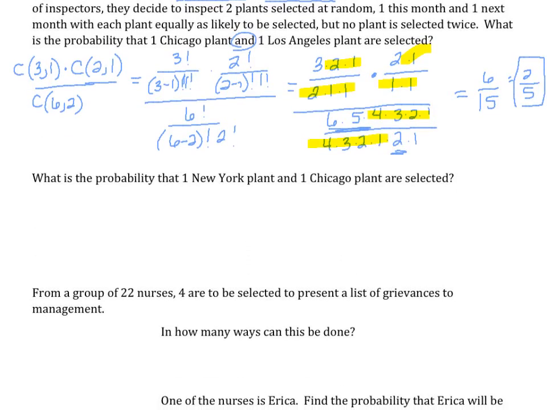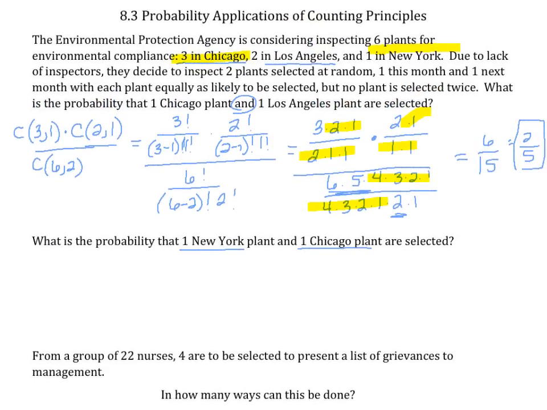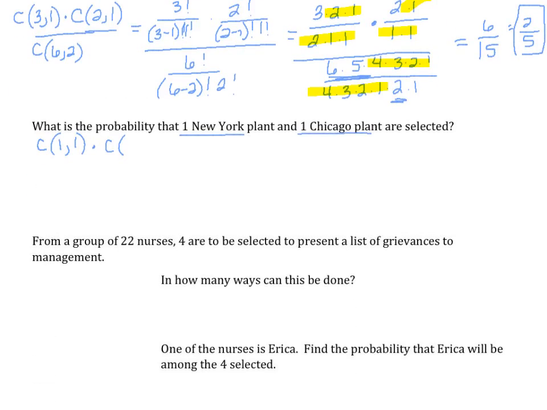So let's do the same thing, except this time we want 1 New York plant and 1 Chicago plant. So if we look above, we want 1 New York and 1 Chicago. So we have to do the same thing here. So we want New York is, I have 1 option and I get to choose 1 of them. And then the Chicago is still 3.